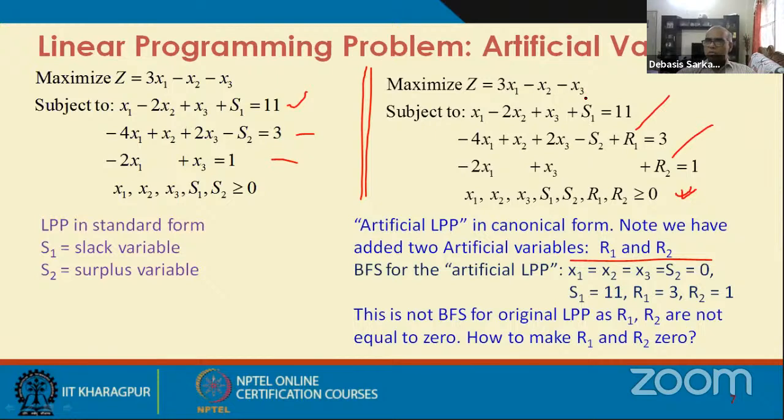So note that I have 3 equations, and you can solve only for 3 variables. You have 7 variables here, so you need to set 4 variables equal to 0. So you have to choose 4 non-basic variables. If I choose x1, x2, x3, and s2 as non-basic variables, they become 0. And then I have a feasible solution, s1 equal to 11, r1 equal to 3, and r2 equal to 1.